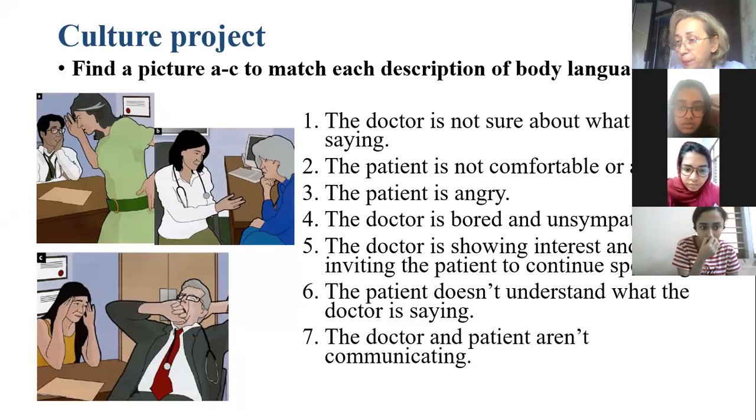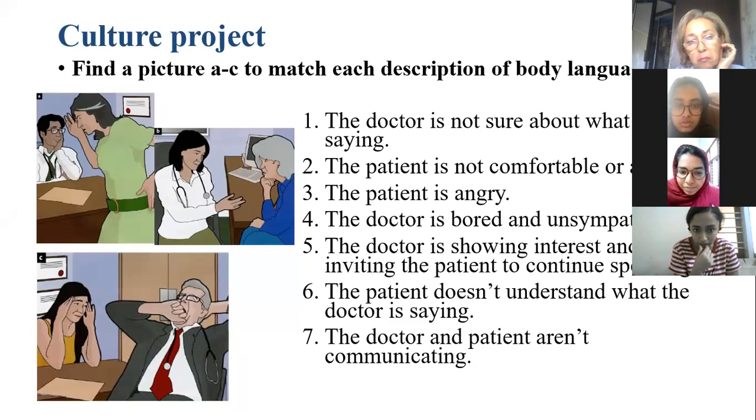Shirin, the next sentence. Yes, ma'am. The patient is not comfortable or at ease. A, B, C. The sentence represents figure B. Because the patient is not comfortable, and I think she feels uncomfortable.